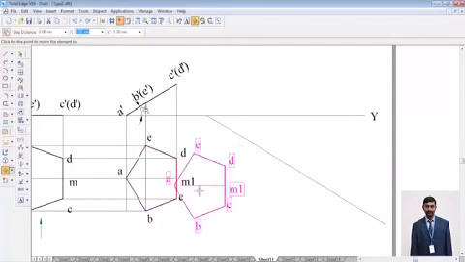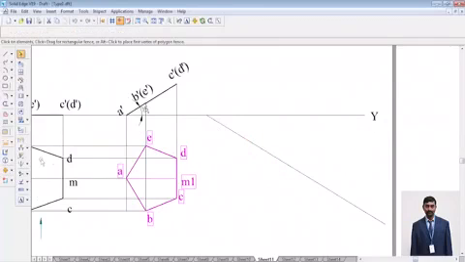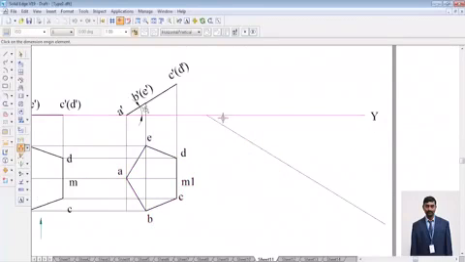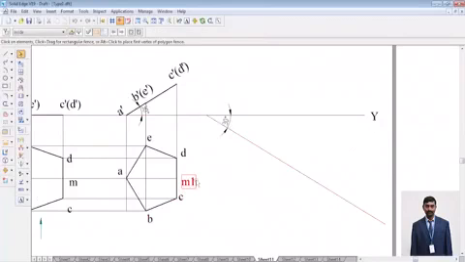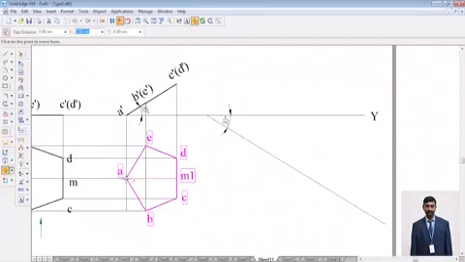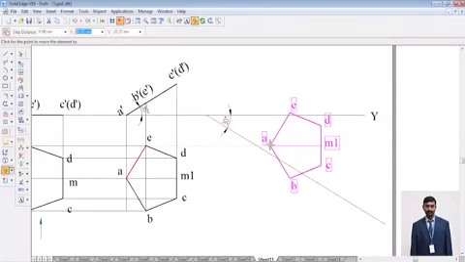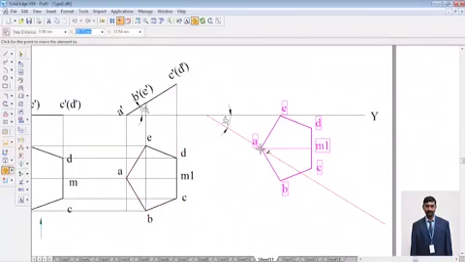It is the perpendicular bisector. That should be resting on the 30-degree line. Select this, move, A. I'm going to place it on the 30-degree line.